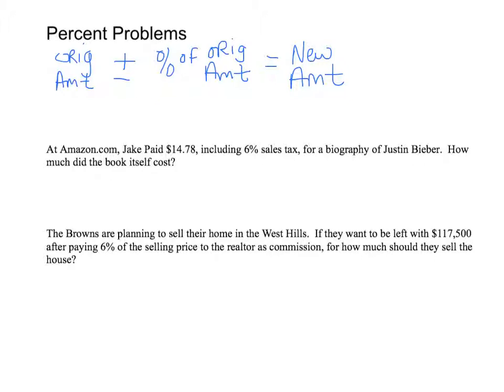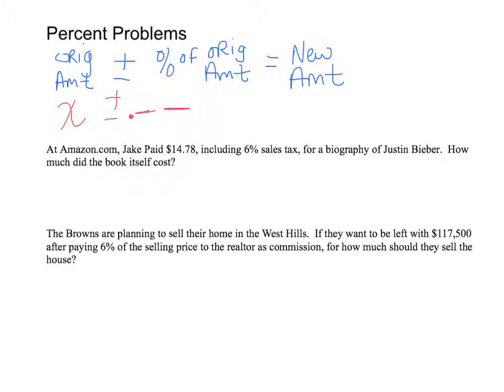In our percent problems, the original amount will always be unknown, so we're always going to let a variable represent the original amount. Then we're going to add or subtract some percent of the original. Remember that we always have to change a percent to a decimal, so decimal point, and then a percent usually has 2 decimal spaces.